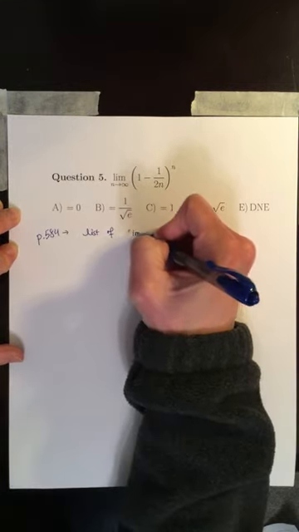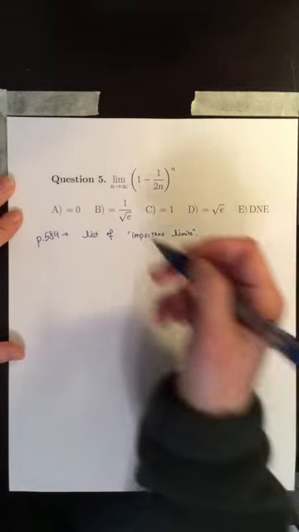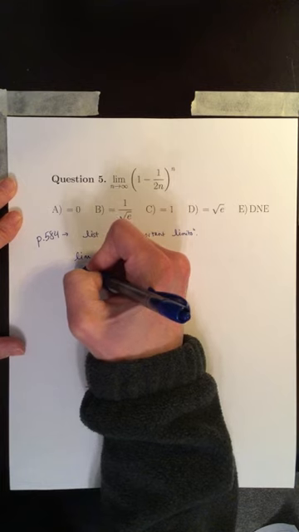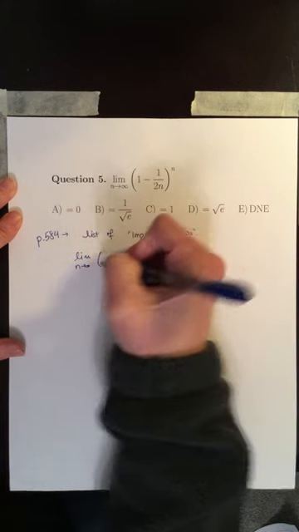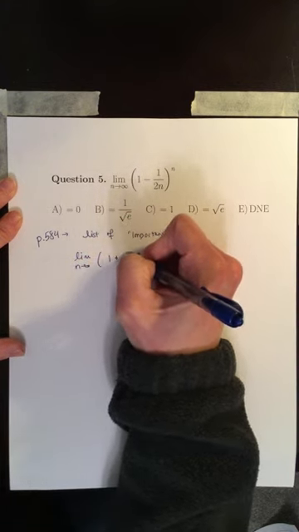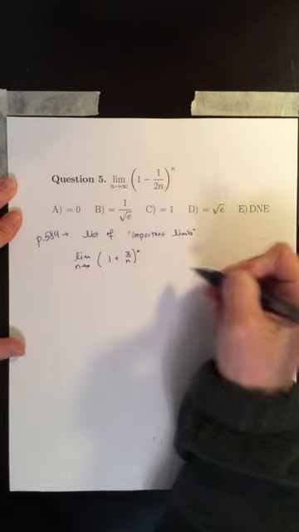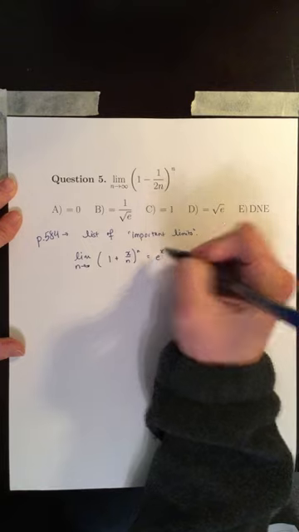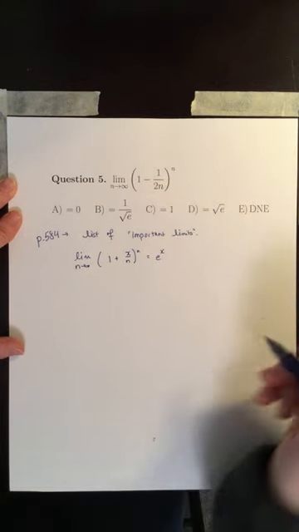Now you can either memorize these limits or you can make sense of them and derive them. But this is one of the limits, specifically if we consider the limit as n goes to infinity of (1 plus x over n) raised to the nth power. We are told that this limit is equal to e to the x, and we can justify this.